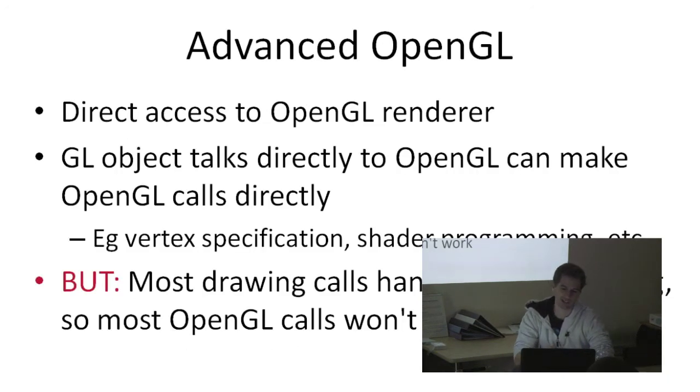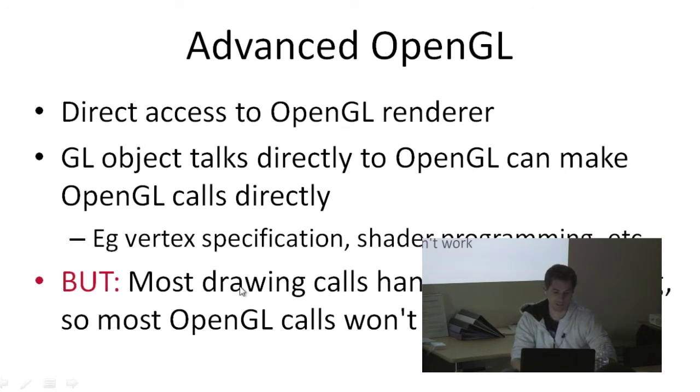It allows you to talk directly to the OpenGL renderer. You can make OpenGL calls directly, so if you need to do some special vertex specification or shader programming, to be honest, I wouldn't be surprised if there are libraries out there for Processing which do shader programming, so you probably don't even need to dive that deep, but yeah.